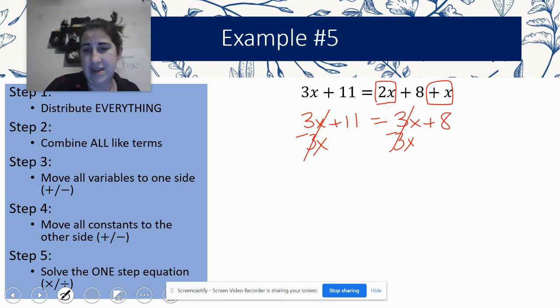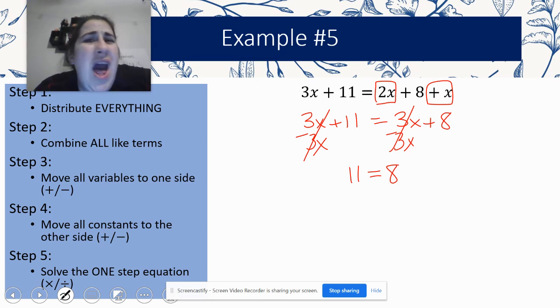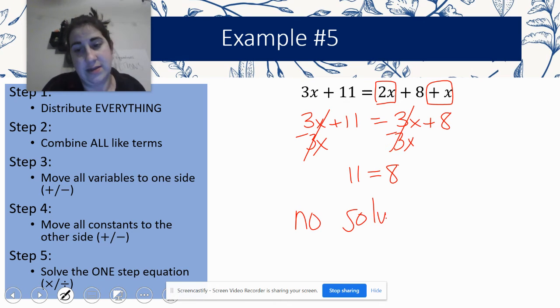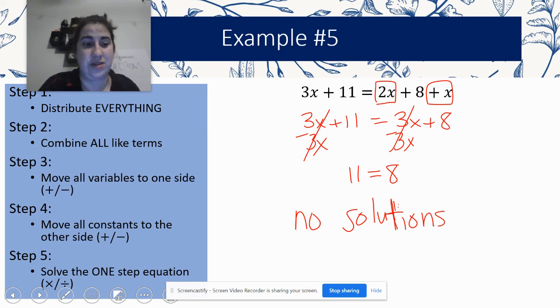These cancel out, and I'm left with 11 equals 8. What? It's so confusing, Miss. That's what I did, and you are not wrong. This is correct. But what we have to say is that there are no solutions to this.